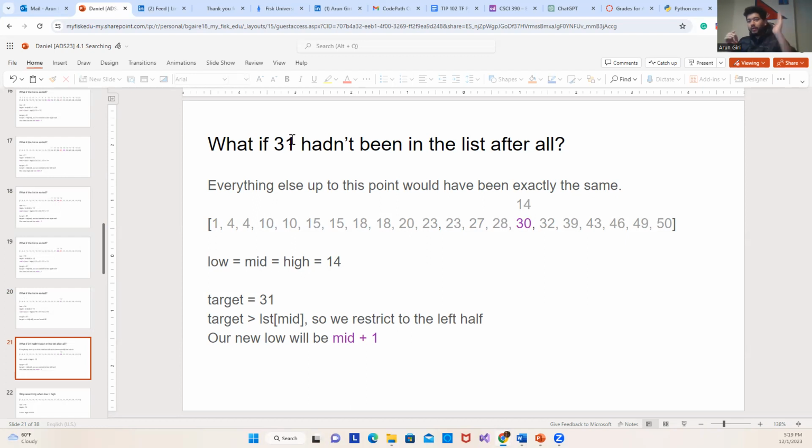We want to continue until our left pointer and right pointer cross. So we do it while our left pointer is smaller than or equal to the high, because while left is not greater than high, we have some possibility of finding the answer. And as soon as left becomes greater than high, we know that there is no other element. So we want to search as long as my lower pointer is not beyond the higher pointer.